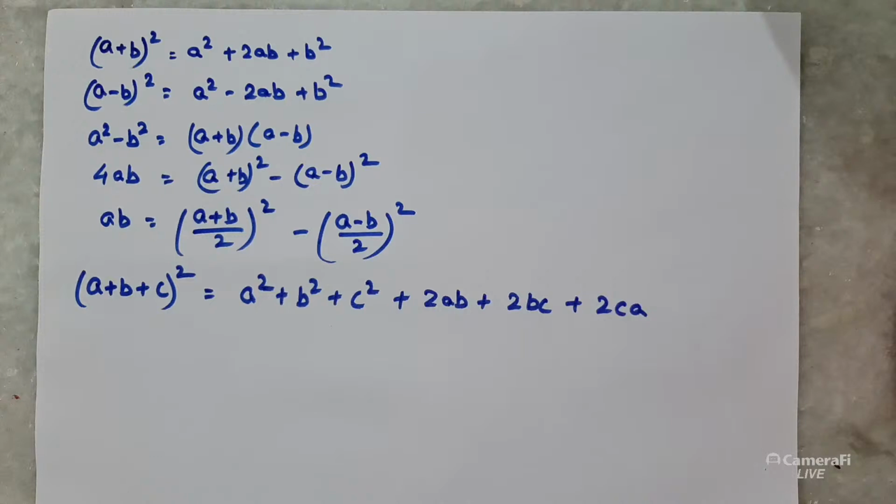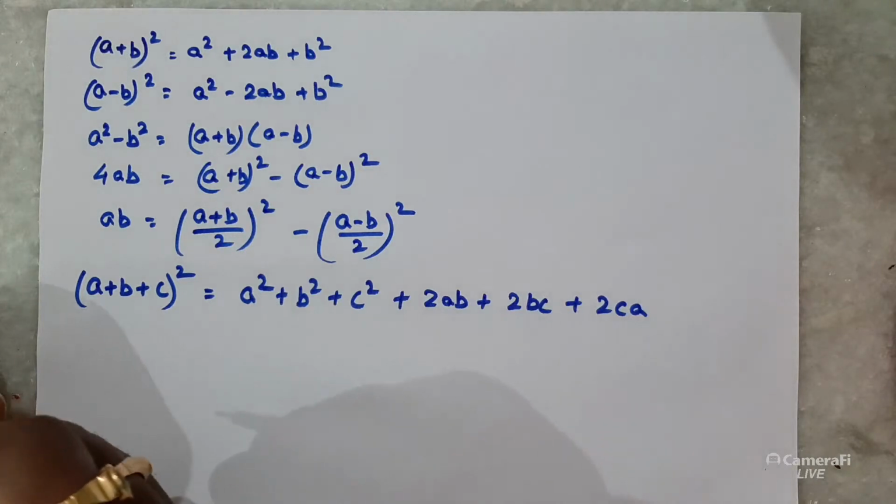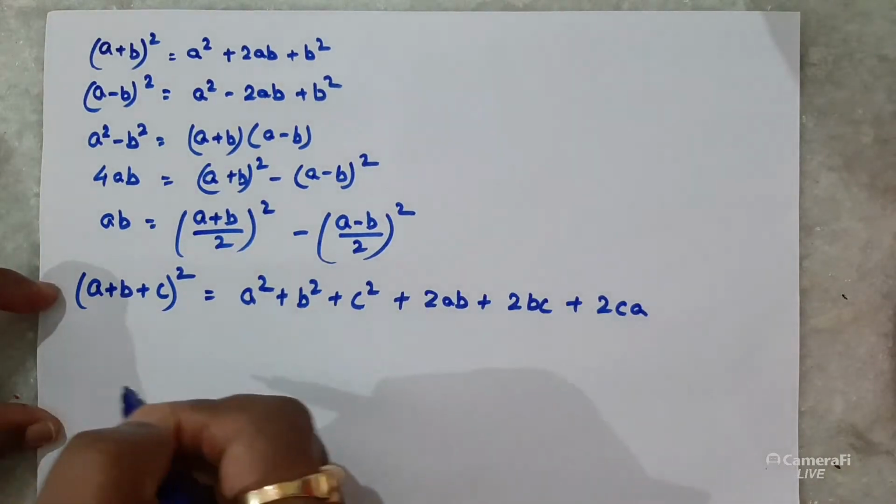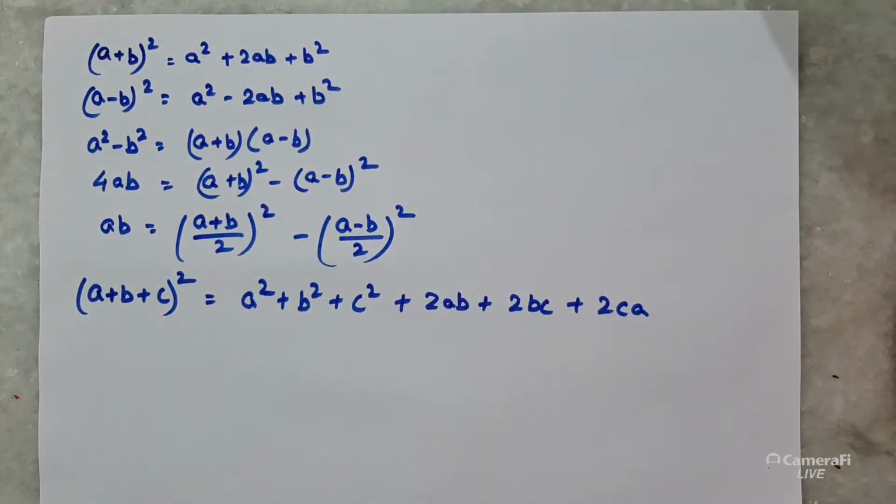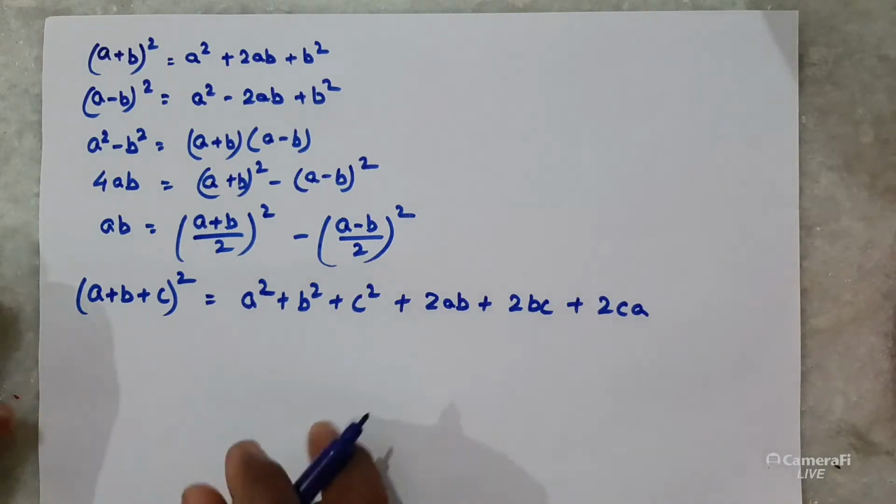Okay, so a plus b plus c whole square is a square plus b square plus c square plus 2ab plus 2bc plus 2ca. These are the basic square formulas which you should know in class 9. There are so many formulas, but don't worry, these are the basic formulas.